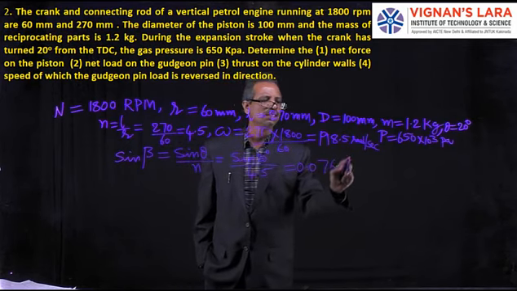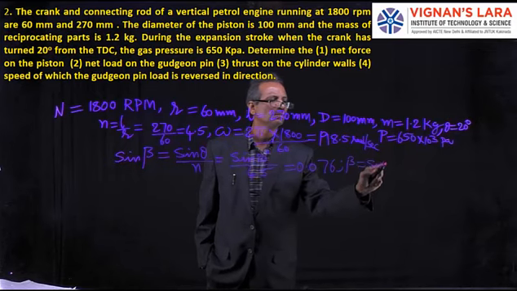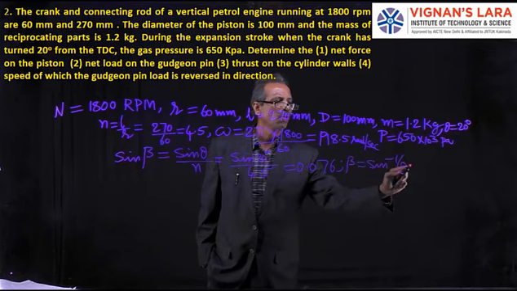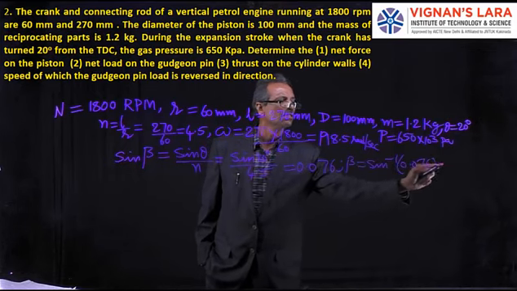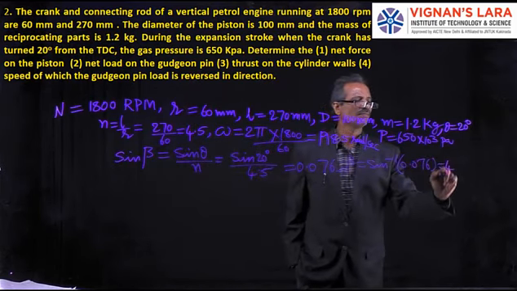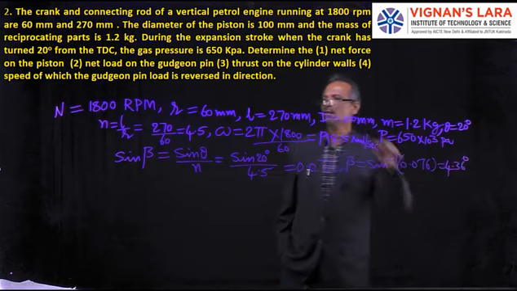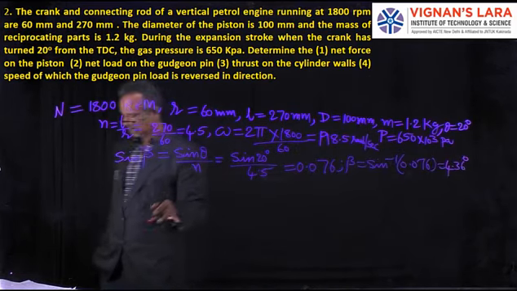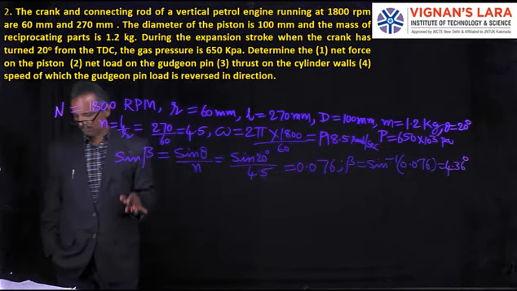Then beta is equal to sin inverse 0.076, which gives 4.36 degrees. I did all these things because I need all this data when I solve the problem.